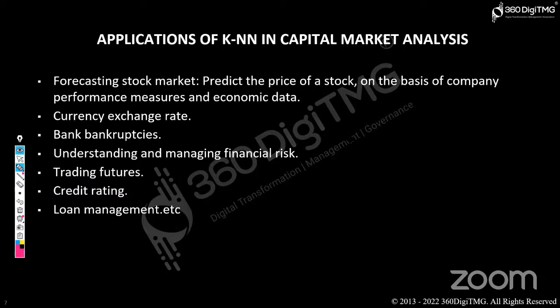It is very easy to implement and understand, but it has a major drawback of becoming significantly slow as the size of the data in use keeps growing. KNN works by finding the distances between a query and all the examples in the data, selecting the specified number of examples closest to the query, then voting for the most frequent label in the case of classification, or averaging the labels in the case of regression.